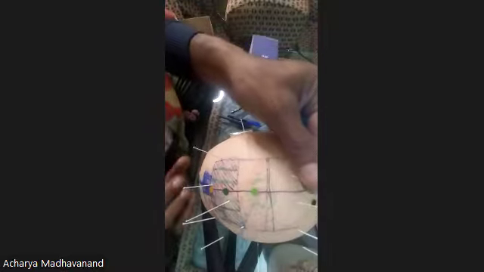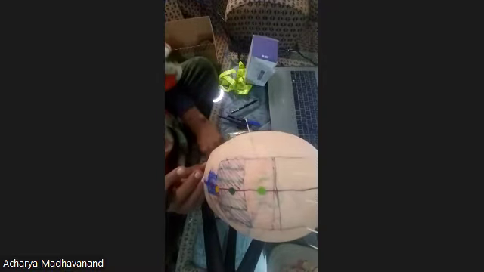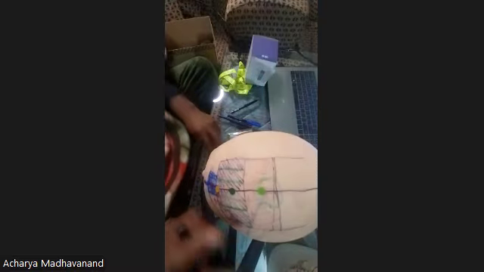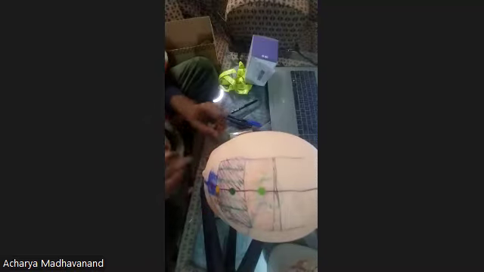Okay. After this area, we have the area of, which area? Lower jiao area. The lower jiao area starts from DU21.